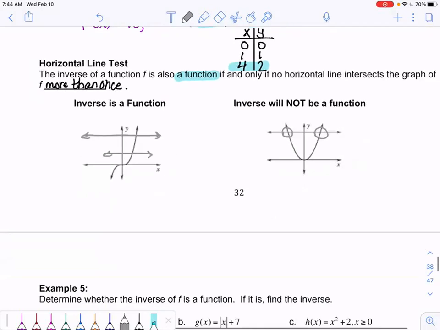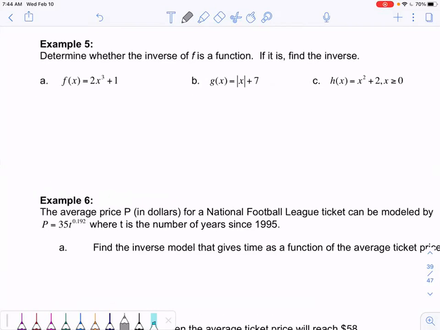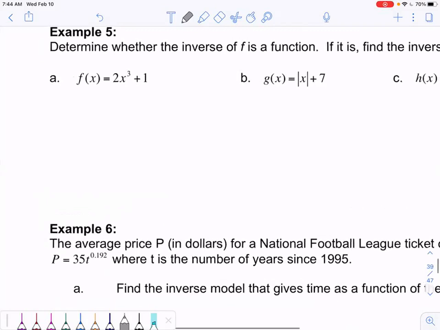There are 3 more functions on the next page that we are going to graph. Determine whether the inverse of f is a function. If it is, find the inverse. You will be asked to do this on your homework tonight, and I actually have graph paper for each problem for you to graph. If you'd like, you can plug this in your calculator, but I want you to make a little graph.